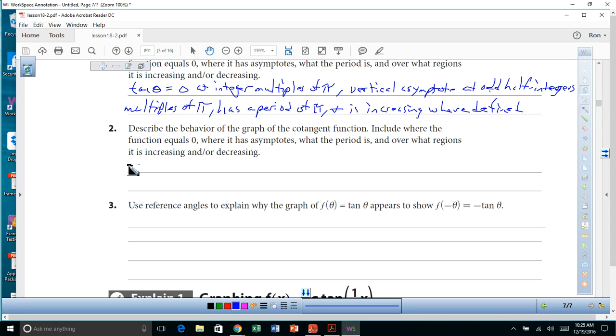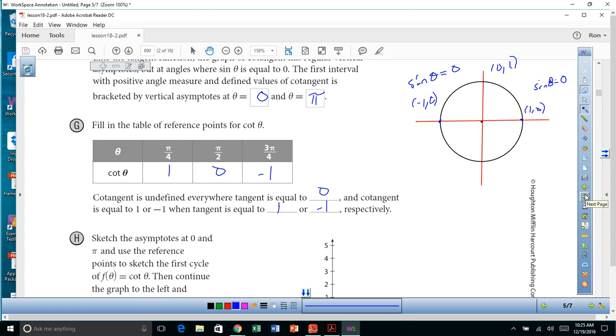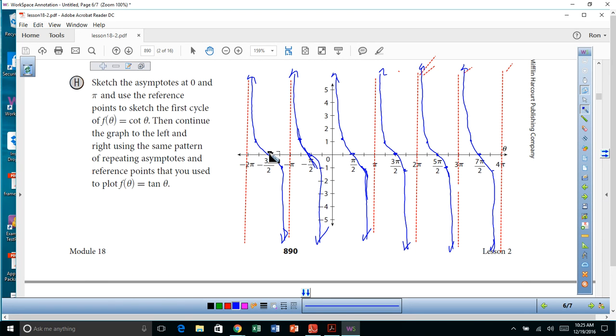The cotangent, so cotangent theta equals 0. Where does cotangent theta equal 0? Just past it, right there. It equals 0 at pi over 2, at 3 pi over 2, at negative 3 pi over 2. It's where the other one had asymptotes, right?